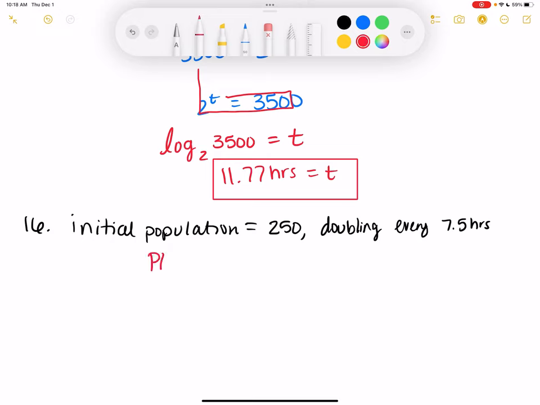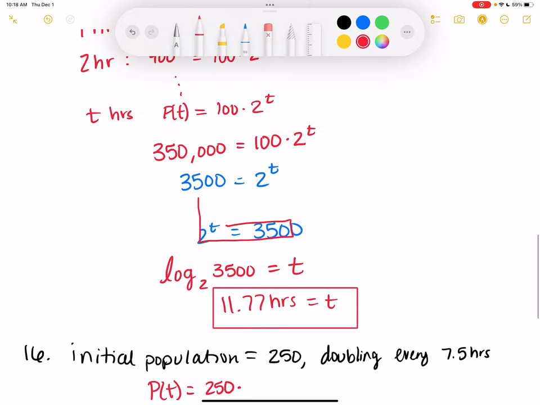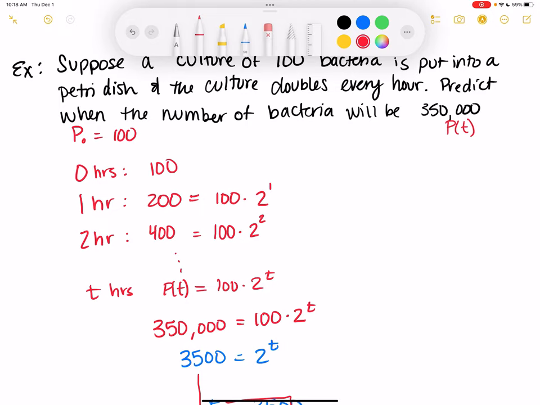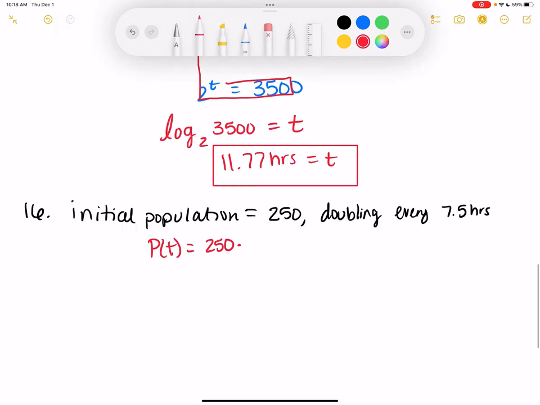So we have P of t is equal to, my initial is 250 times. Just like with the other one where it was doubling every hour, so we had 2 where the r plus 1 is. So times 2 raised to the, now it's doubling every 7.5 hours. So we're actually going to have 7.5 times t for these ones.